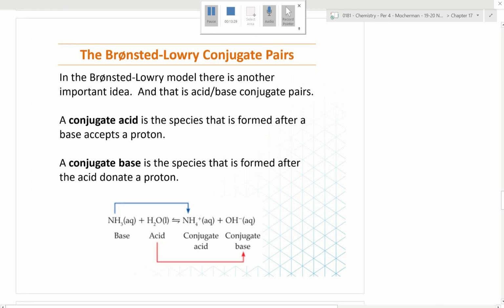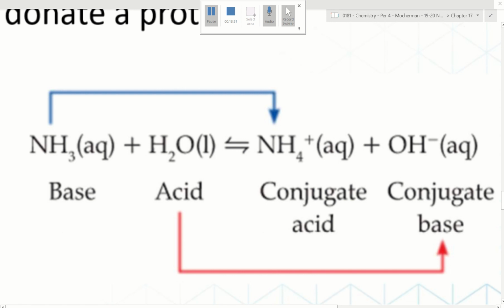Now, another aspect of the Bronsted-Lowry definition is the idea of conjugate acid-base pairs. You just have to follow it a little bit. It's pretty easy to see once you know what you're looking at. A conjugate acid is the species that's formed after the base accepts a proton. So let's look at this.